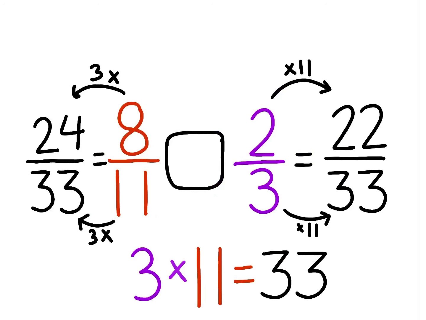We can now compare these fractions because they now have common denominators. We see that 8/11 is greater than 2/3 because we compared 24 over 33 to 22 over 33. We found that 24 over 33 was greater than 22 over 33. Therefore, 8/11 is greater than 2/3.